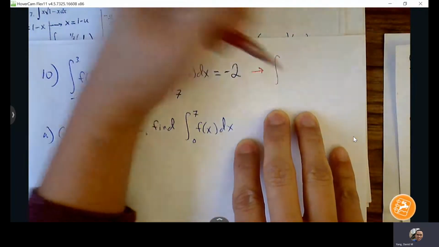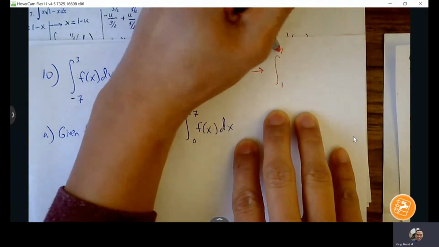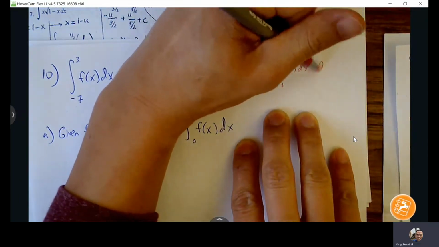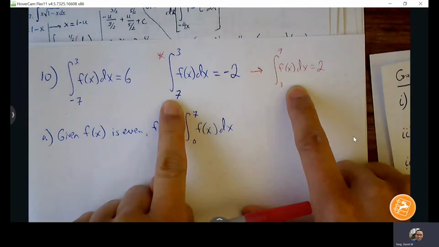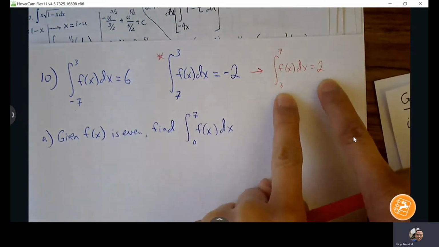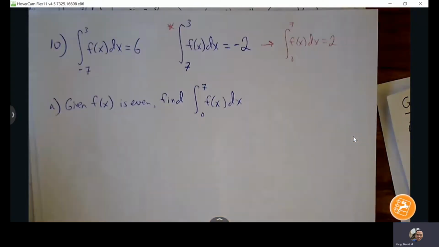Anytime I'm trying to put something onto a graph, that's when I prefer to have my bounds in order. So if I flip the bounds, I've got to change the sign, right? So really, this is the same thing as this, but it's easier to look at this and graph this, right? So let's do that from 3 to 7.